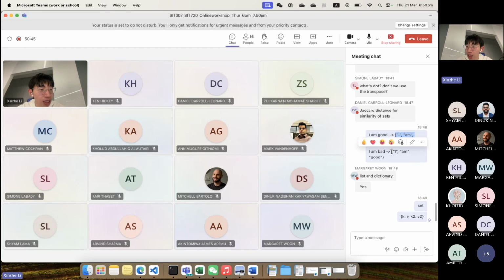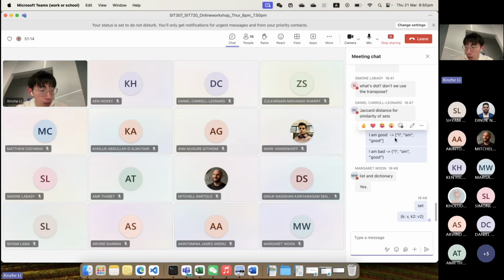If I use Jaccard distance, what will the distance be between these two sentences? I give you 15 seconds. Let's see if we have an answer. I think I will run out of time, so I just give you the answer.